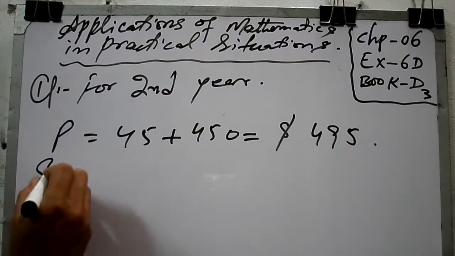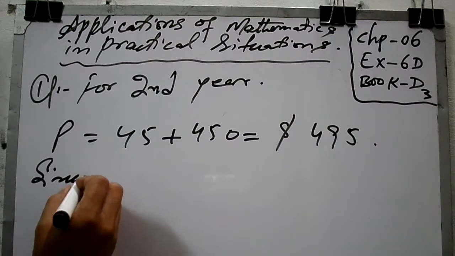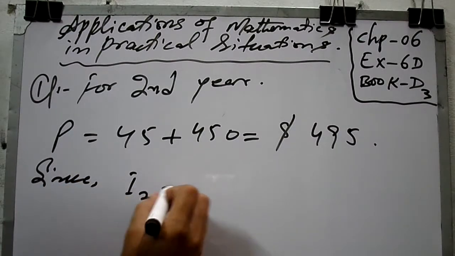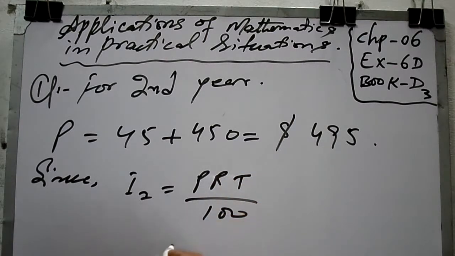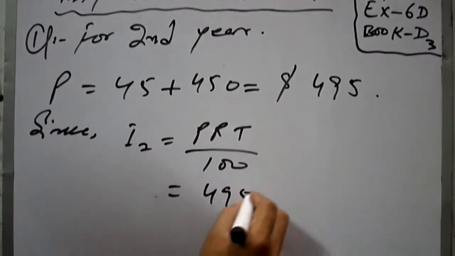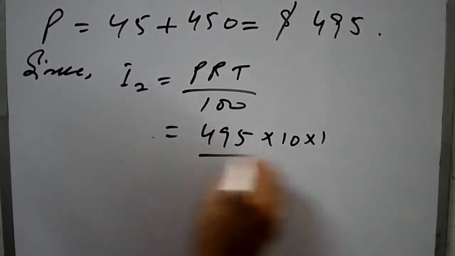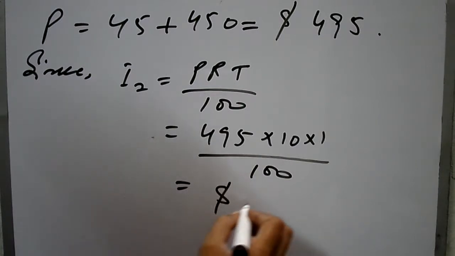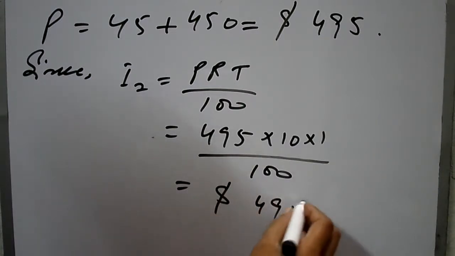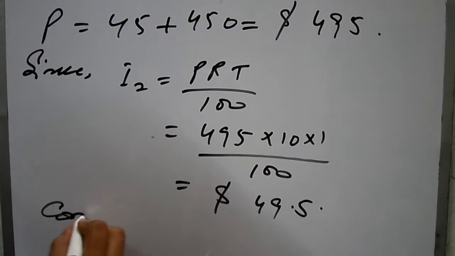Then the interest will be, since I2 is equal to PRT divided by 100, putting the values, 495 multiplied by 10 multiplied by 1 divided by 100, so you will get $49.5.